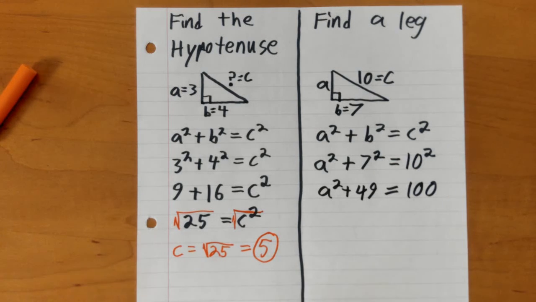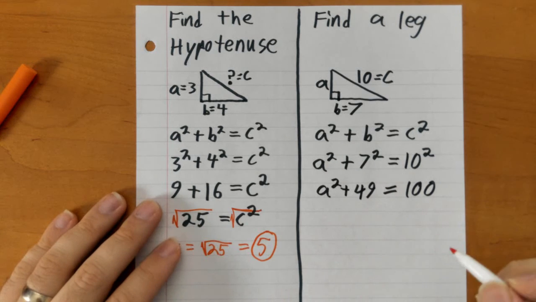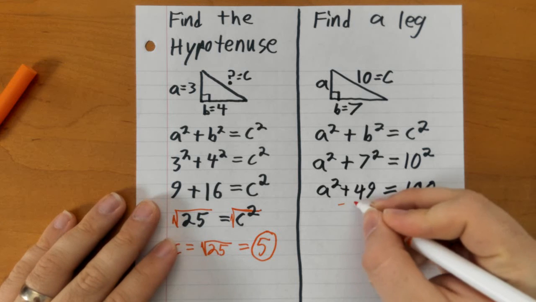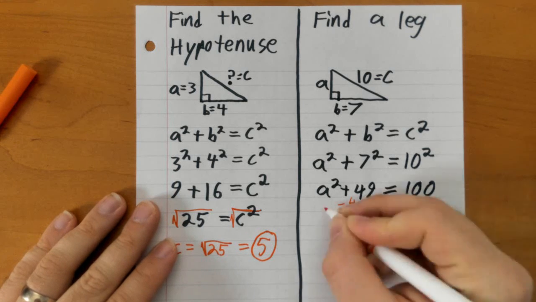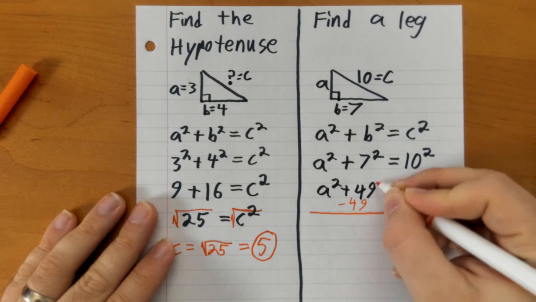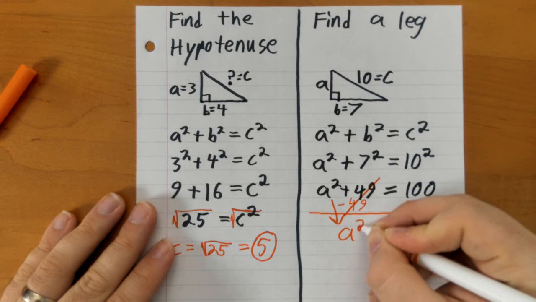Alright, this one's a little bit trickier than the one before. Here we're going to have to do that inverse operation. If I see a plus 49, I want to subtract 49 from each side. That's going to cancel this. We're going to bring down our a squared.